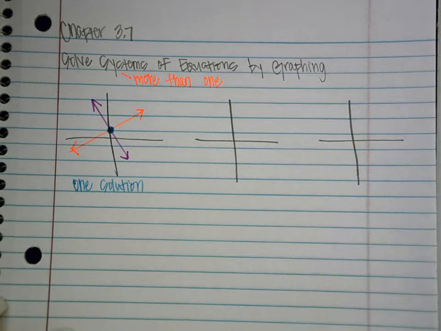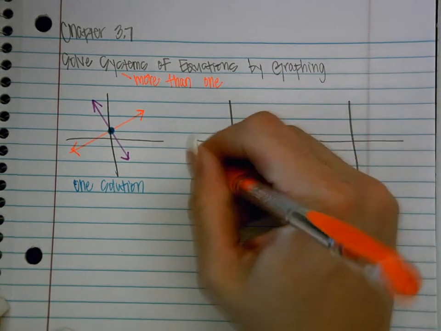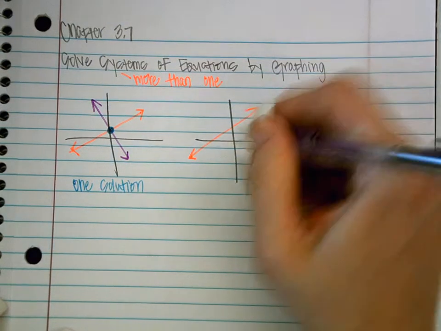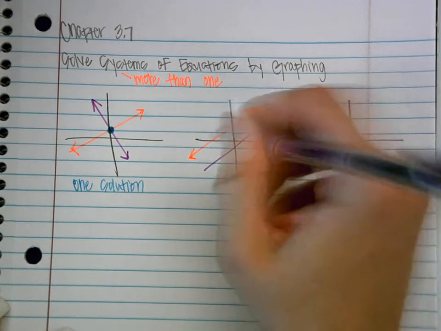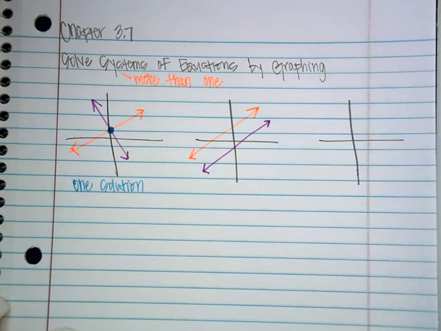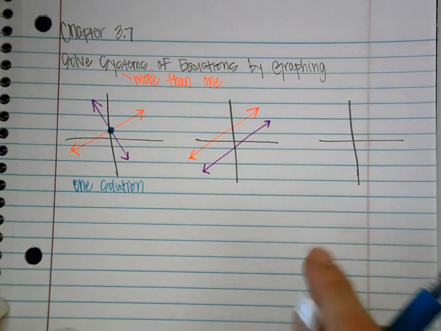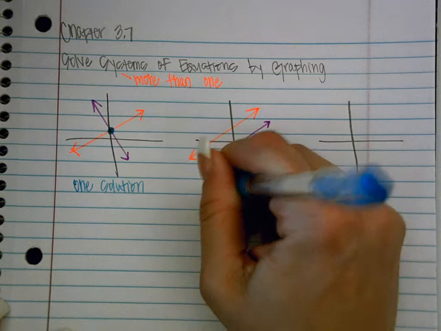Sometimes, though, you're going to have equations that look like this, where one is going like that, and one is going like this. These are called what? Parallel. Good, you guys knew that.